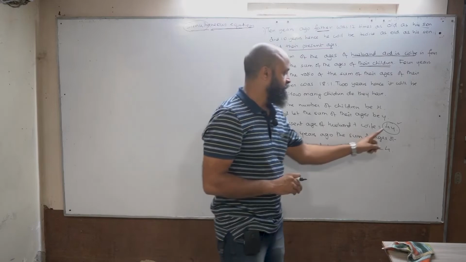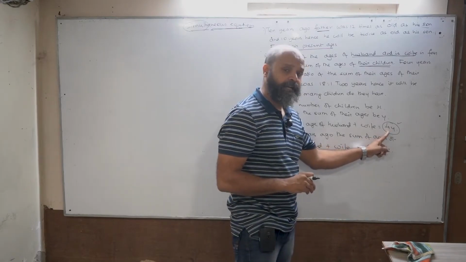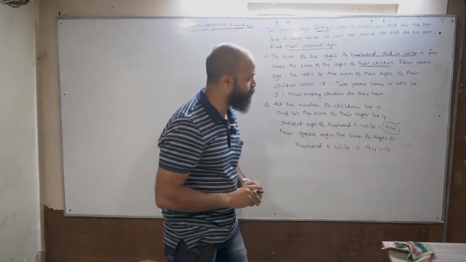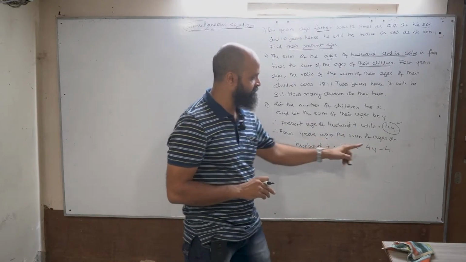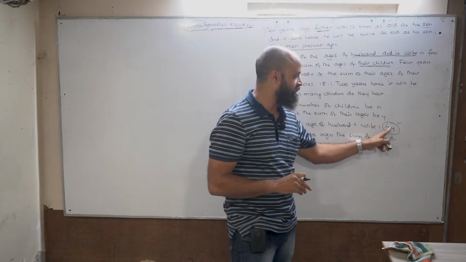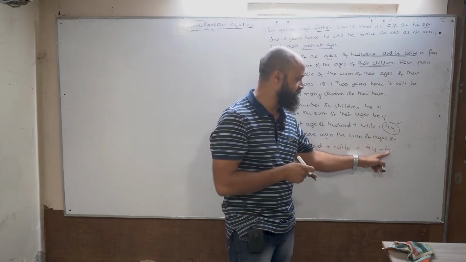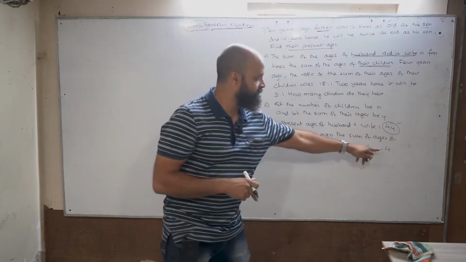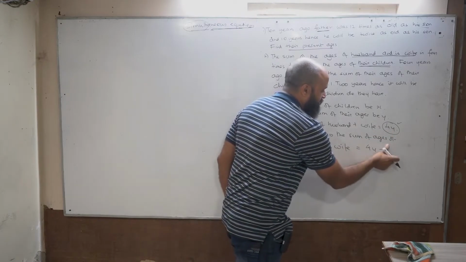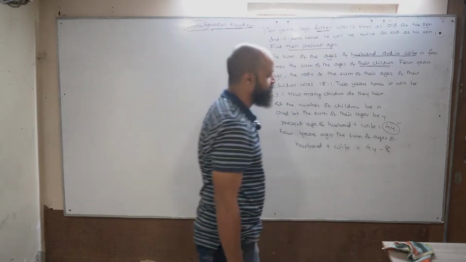What we are missing out here is both husband and wife have a total age of 4y, which means if we go back 4 years in their lives, we have to subtract a 4 from the husband's age and a 4 from the wife's age, which means that this is incorrect. So, we have to subtract a total of 8 years from their lives.